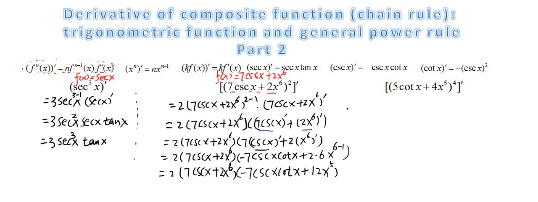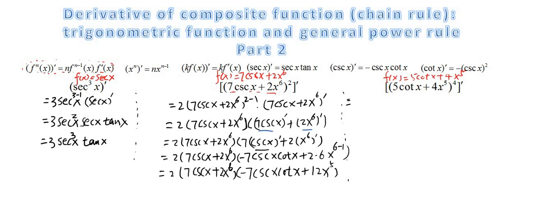Now let's address the last example. For the last example, we're gonna follow the same strategy to identify f(x). f(x) can be written as 5 cotangent x plus 4 times x to the power 5. Now we can follow this general power rule.